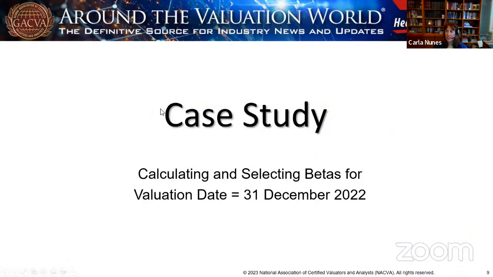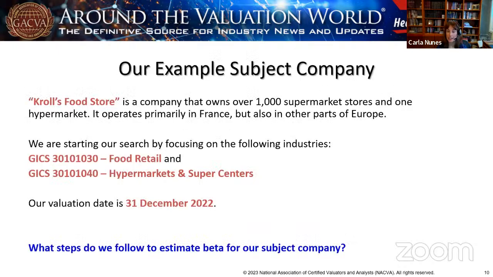So Kevin, why don't you get started with the case? So we thought about doing a case study where you need to select betas for a subject company. I'm going to hand it over to Kevin to walk through the parameters of the case study. Then we'll also show some screenshots of how you do it, and Kevin can show his live screen at the end of what it would look like in the tool.